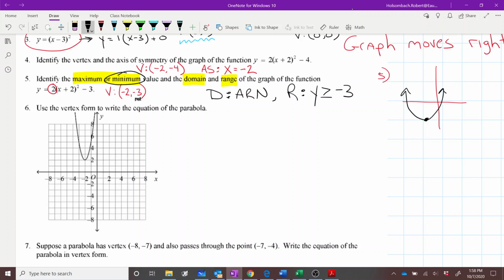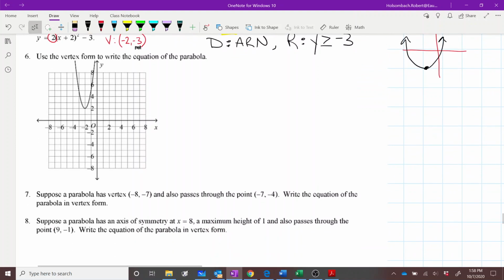Alright, number 6, this is a little bit new. Use the vertex form to write the equation of the parabola. What we're going to do right here, first things first, is identify the vertex. So the vertex of this graph is at -2, 2. Okay.